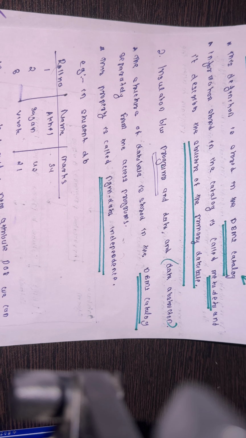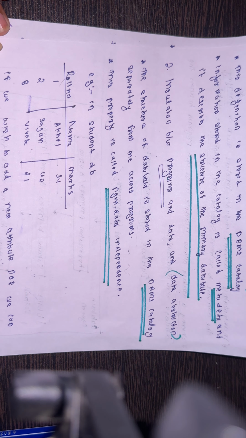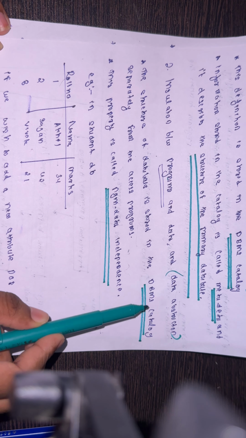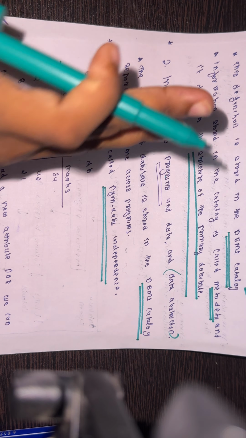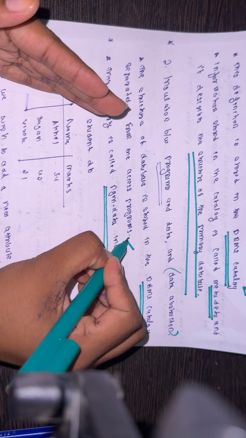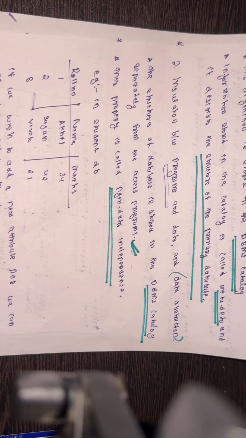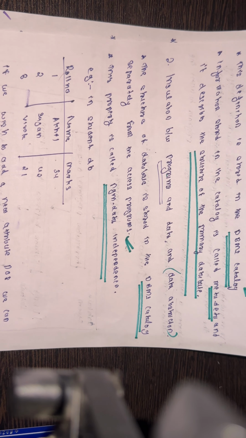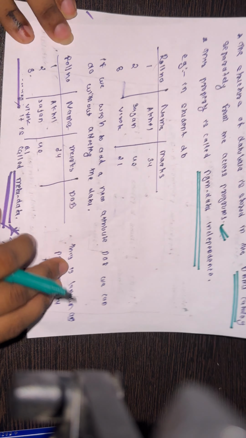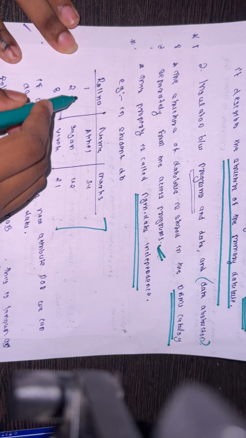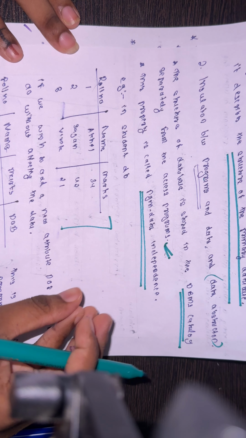So we have to understand that program and data are independent. This property is called program-data independence, because the structure of the database is stored in the DBMS catalog separately from the access programs. The structure is stored separately, and the data in this table is stored separately.